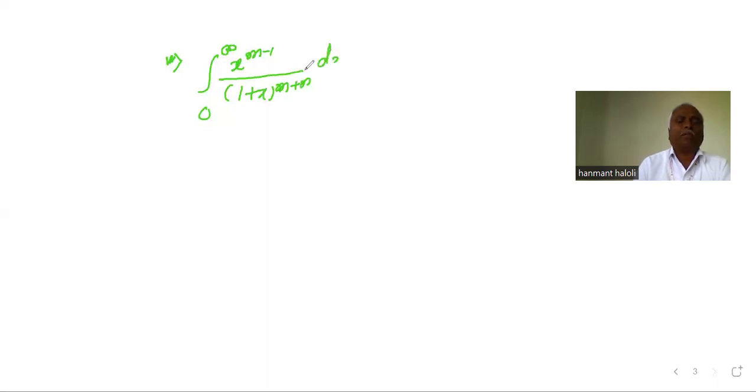Now I'll show you the next important property, property number 7. Here is the integral 0 to infinity x raised to m minus 1 upon 1 plus x raised to m plus n dx. You can see x raised to m minus 1 is there and 1 upon 1 plus x.